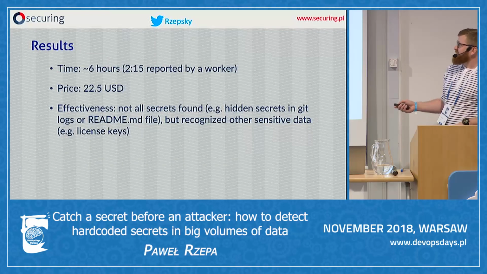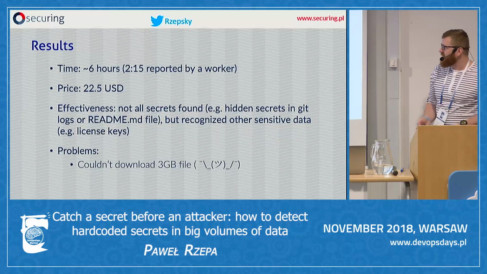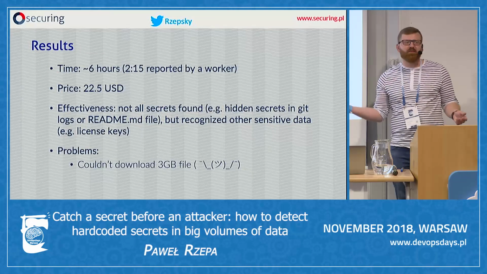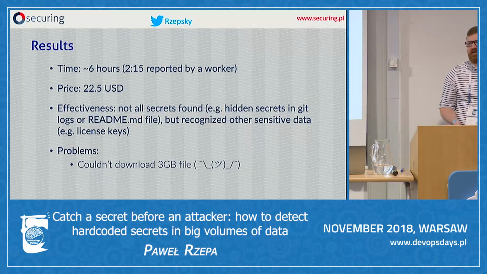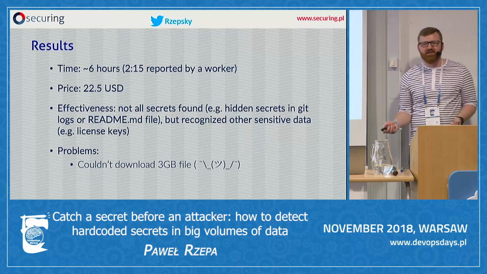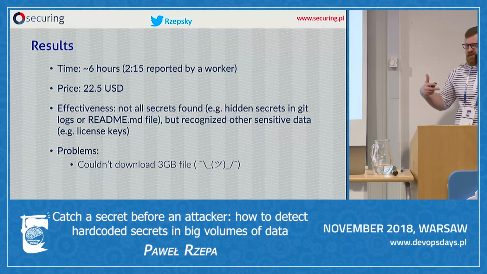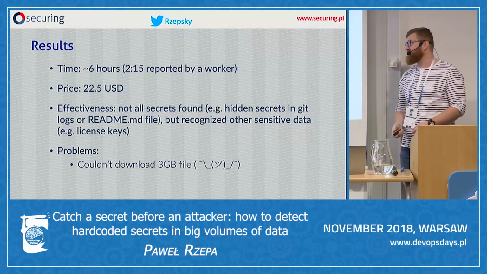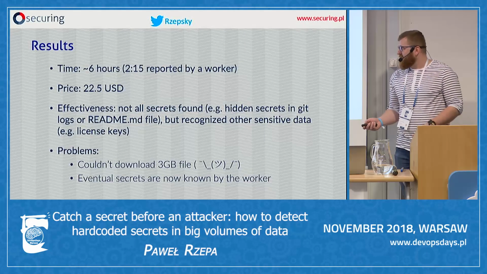Only the obvious ones he found. And also a practical problem, like he couldn't download a 3 gigabyte file. Mainly those workers are from India or Africa, so the bandwidth of the internet is not very good.